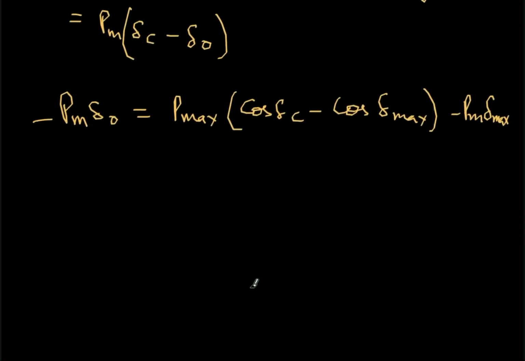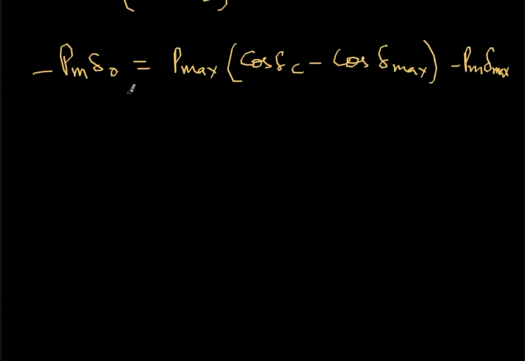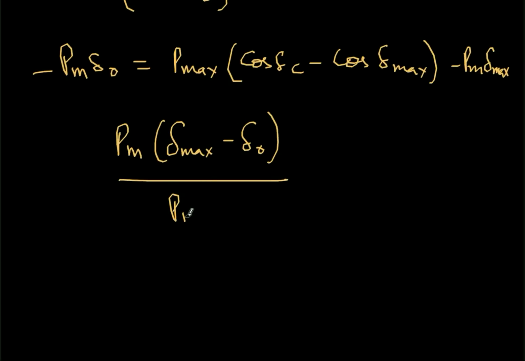So just bear with me, we are almost at the end. This is known, this is known, this is known, and this is also known. The only thing that is unknown is delta C. So I want to write in terms of delta C. This term will go to the other side. So PM into delta max minus delta naught, divided by P max, and from this will get added.